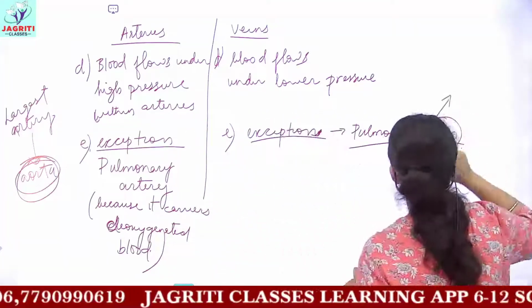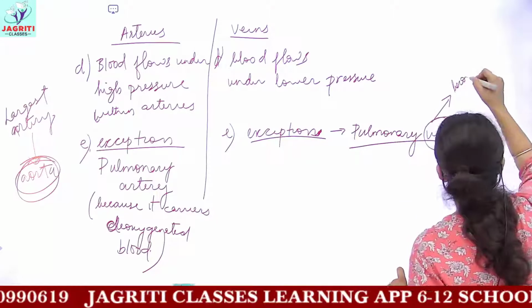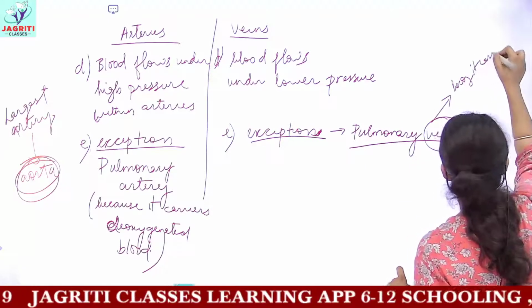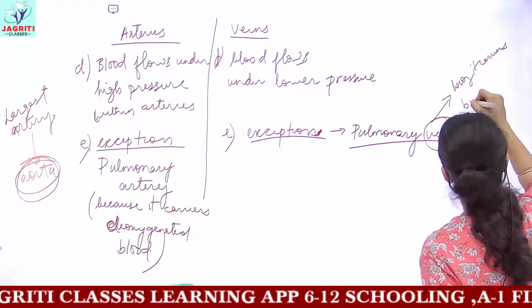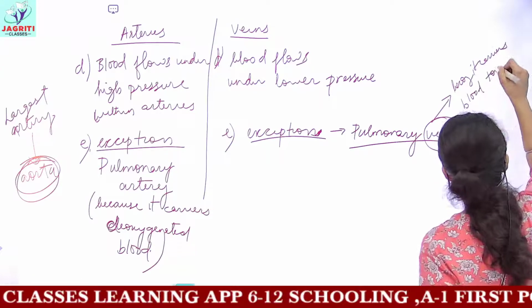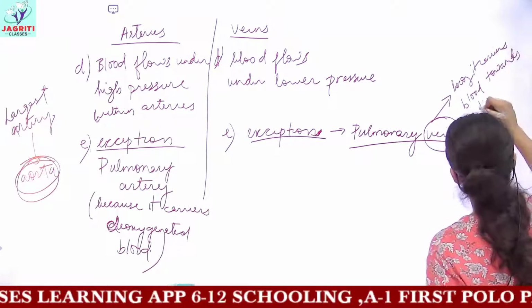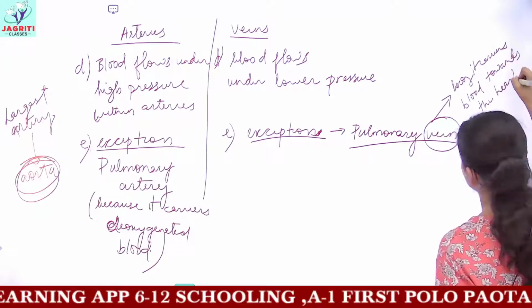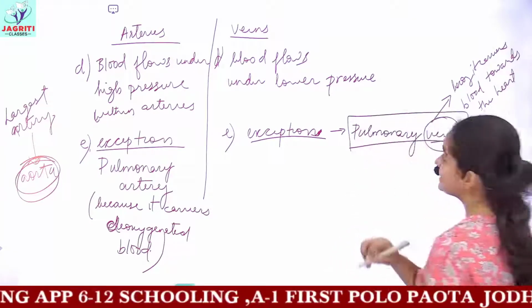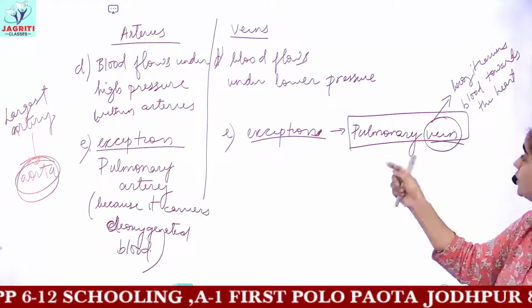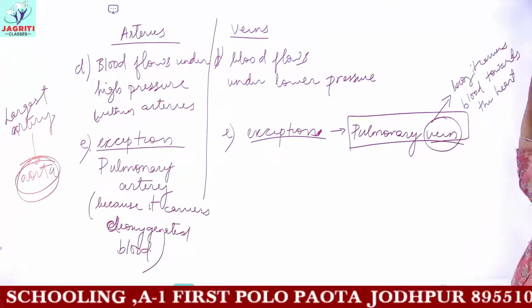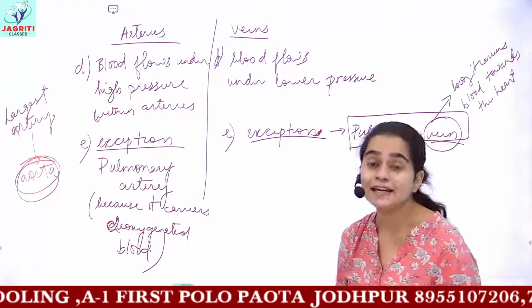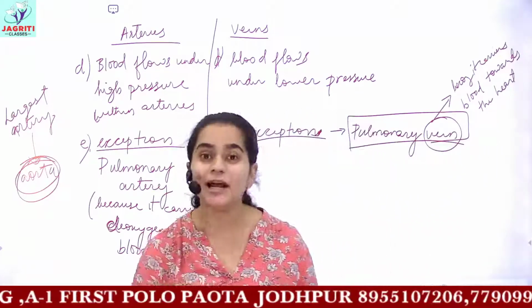Why is it kept in the category of vein? Because it carries blood towards the heart. But why then is this known as an exception? Because if it is a vein carrying blood towards the heart, then it should carry deoxygenated blood within it.